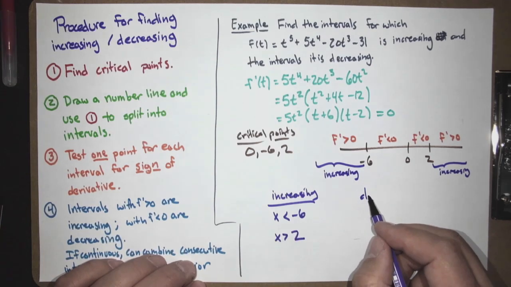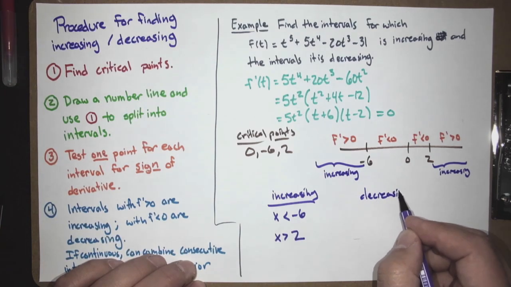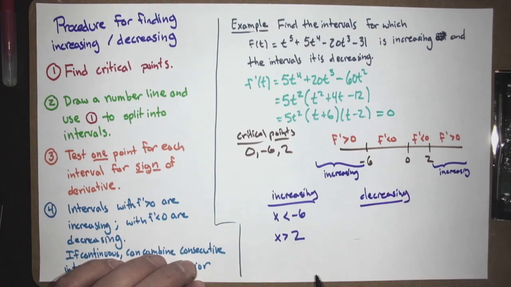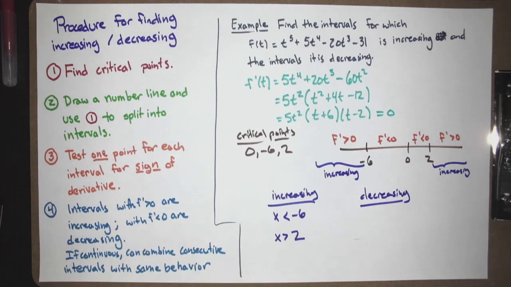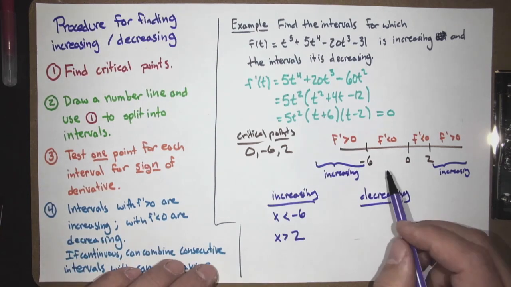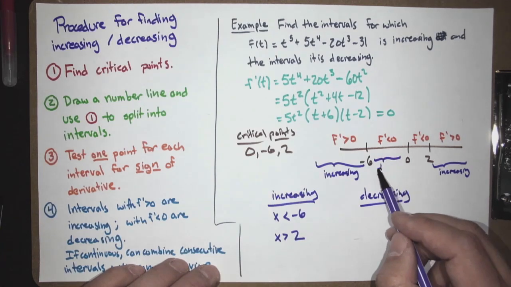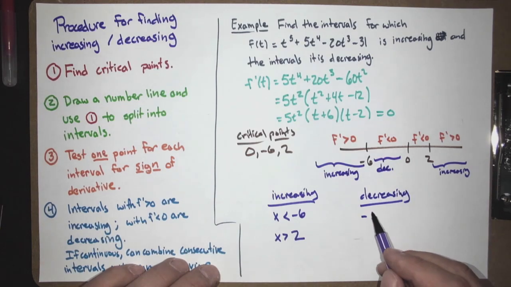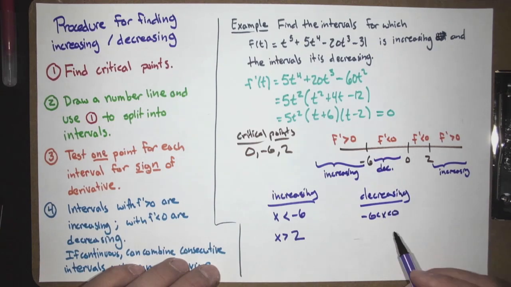Okay, how about for decreasing? What intervals are we negative? Well, certainly this interval: -6 less than x less than 0. How about from 0 to 2? That's also decreasing.